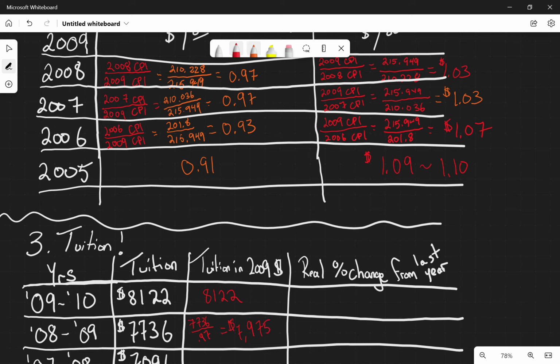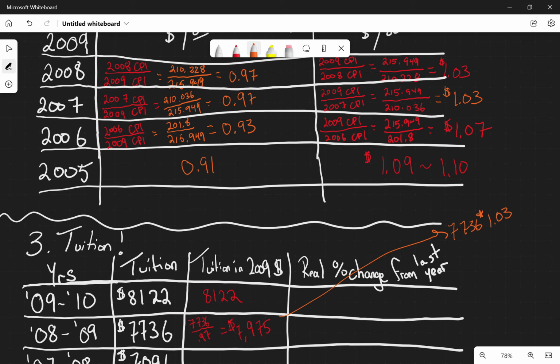Now, what if we wanted to do this the other way, right? Well, we could take $7,736 and we could multiply it by 1.03, and this would end up giving us about the same, right? 7968.